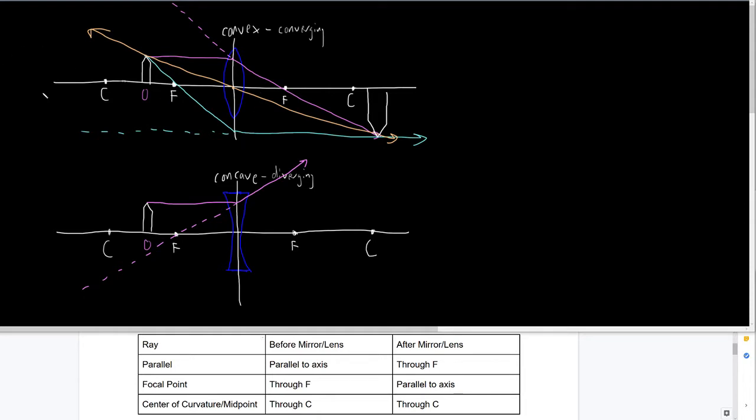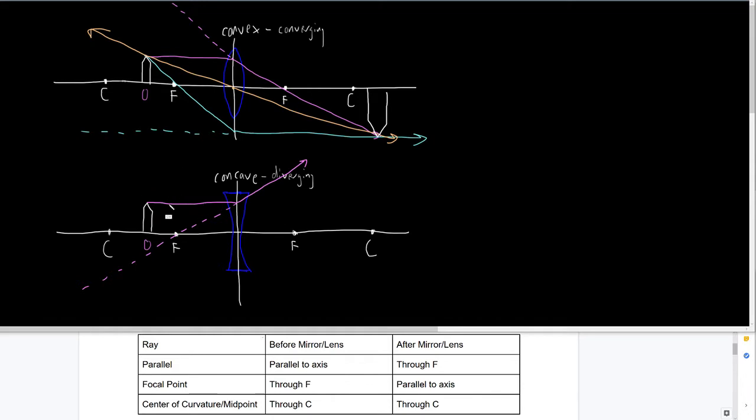Now for the focal point, we're going to go through F, and then go parallel to the axis. In this case, the F we're aiming for is the one over here. So essentially for convex, if my object was on the left, my first F was on the right, and the second F was on the left. Here we're flipping it. The first F I'm aiming for is the one on the left. The second F I'm worried about is the one on the right.